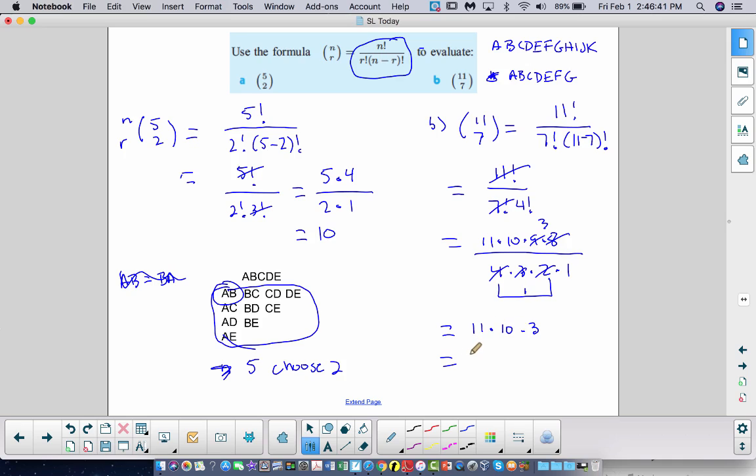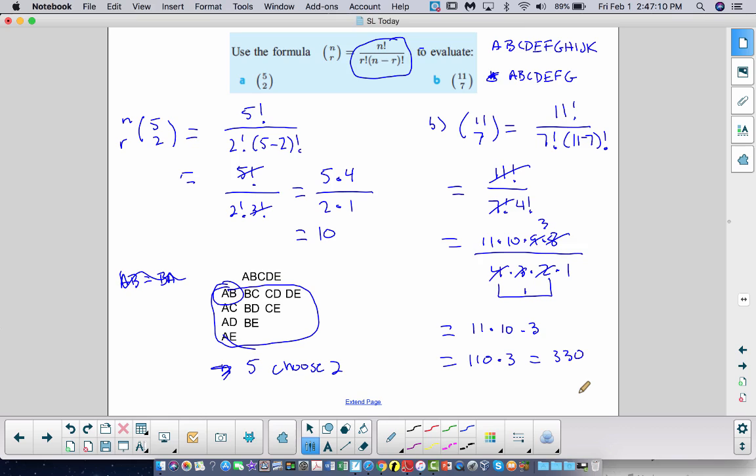Well, 11 times 10 is 110 times 3 is equal to 330. Okay? Well, that means if I listed all the possible groups of 7 from 11 letters or 11 objects, doesn't have to be letters, obviously, there would be 330 different groups of 7.